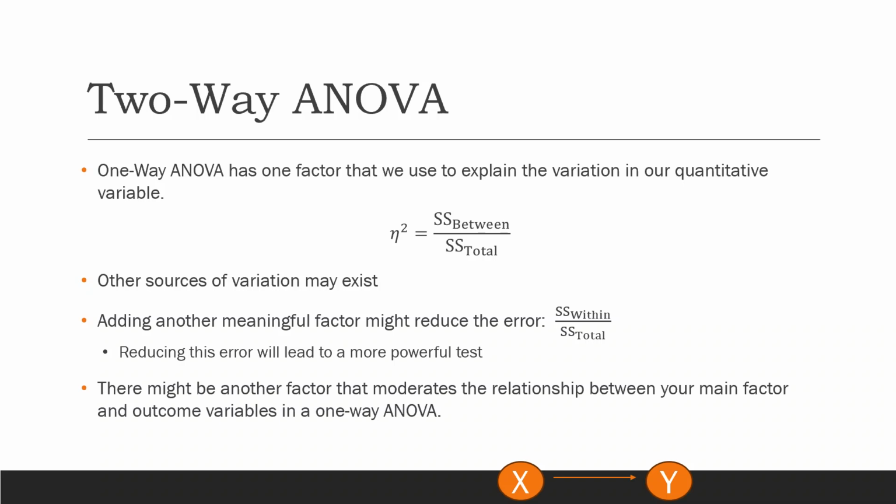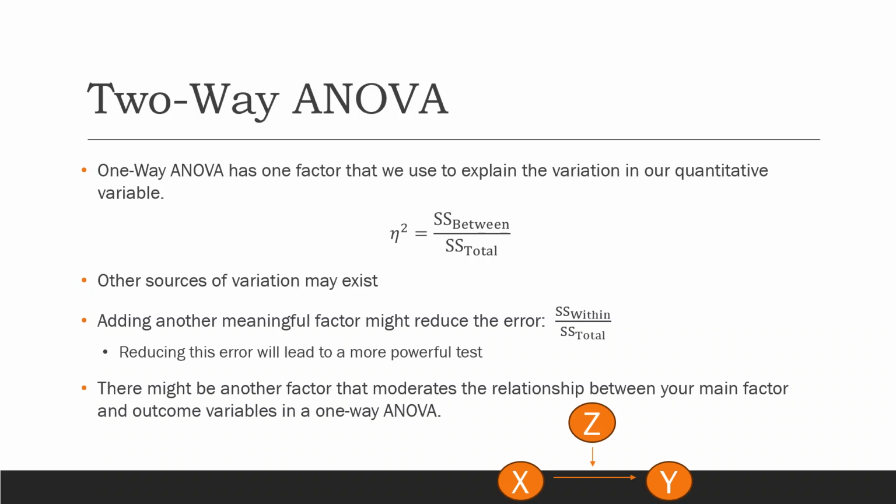When I say that there may be another factor that moderates that relationship, there could be another factor, I'm calling it Z here, such that the effect of our single factor in a one-way ANOVA, the effect of those different groups and whatever treatment I may have in my experiment, may depend on the levels of another variable.